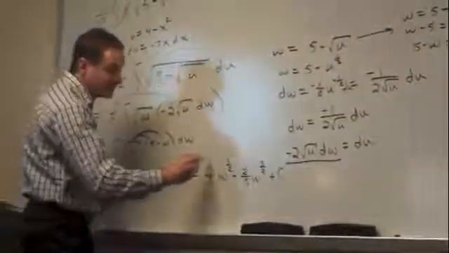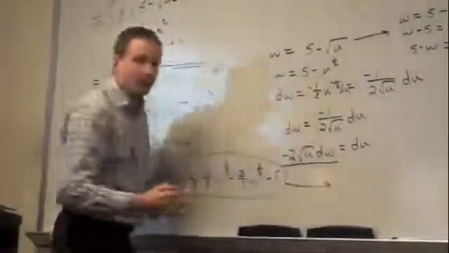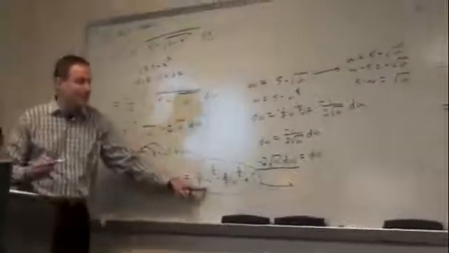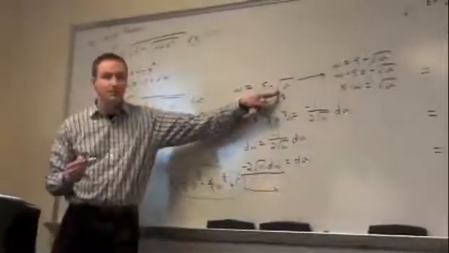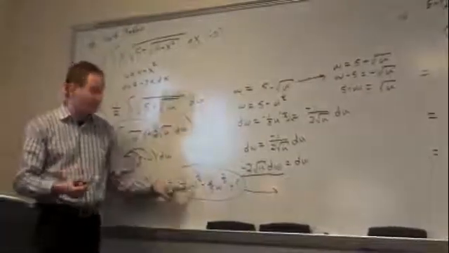I can say this would be my answer in terms of w, but of course we want to put it back in terms of x. So I would take this answer, first put it back in terms of u. So w is equal to 5 minus the square root of u.